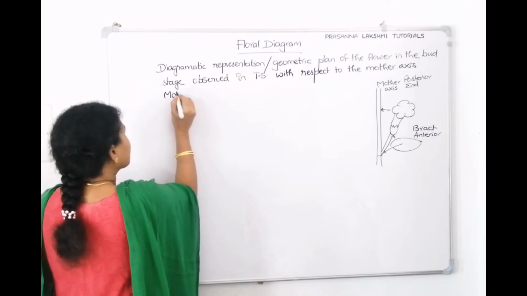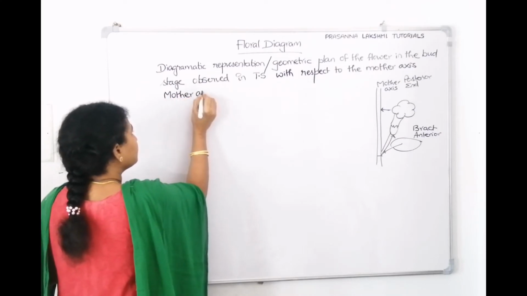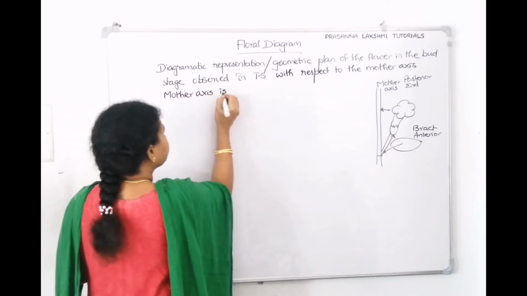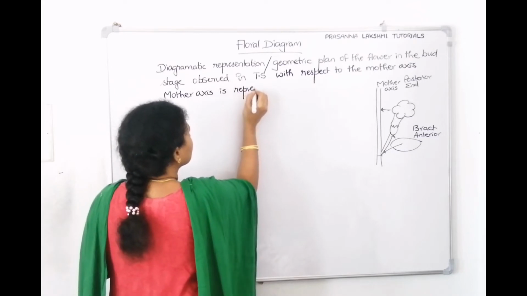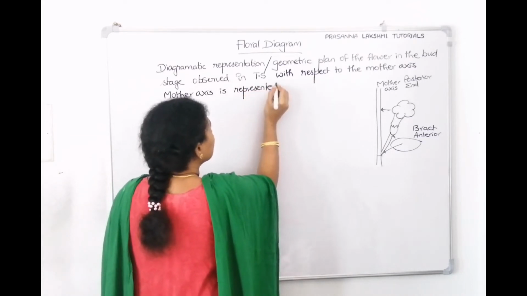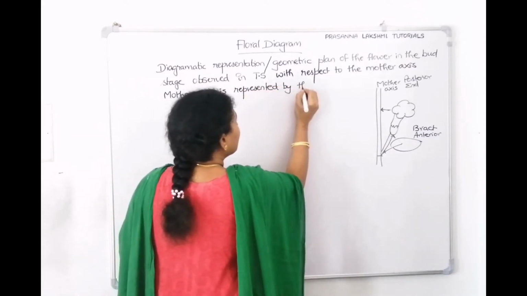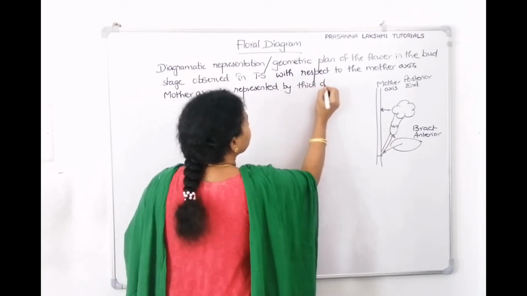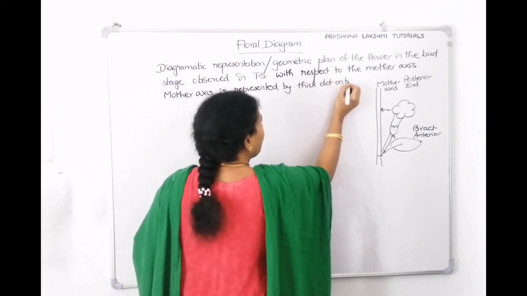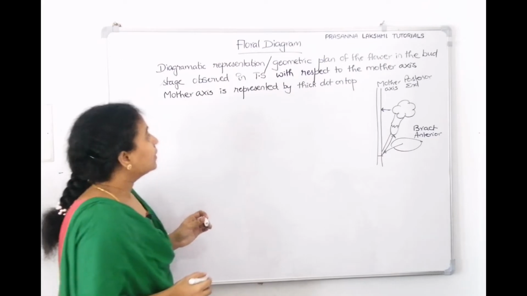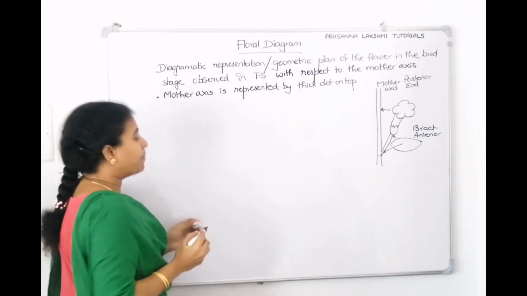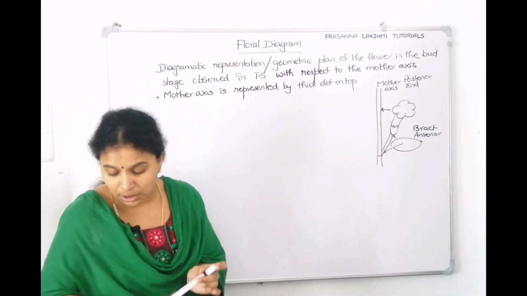The mother axis is represented by a thick dot on the top.